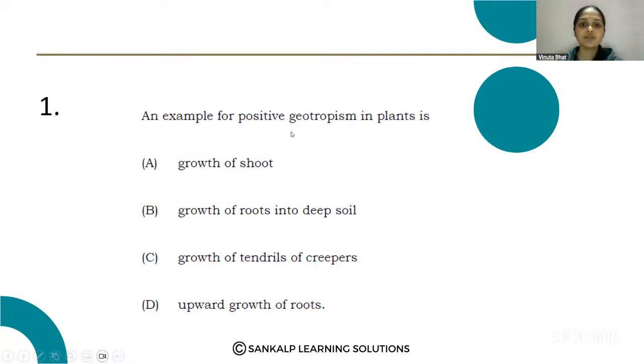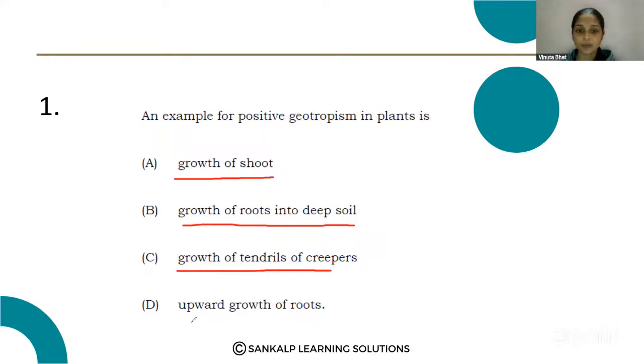An example for positive geotropism in plants. The options are: growth of shoot, growth of roots into deep soil, growth of tendrils of creepers, upward growth of roots.